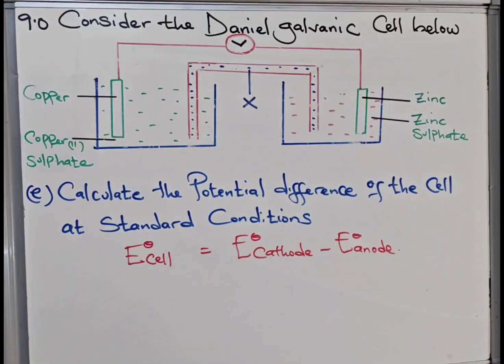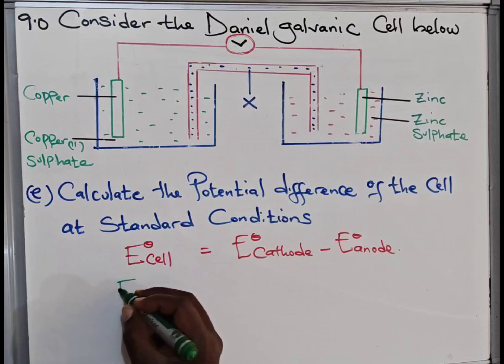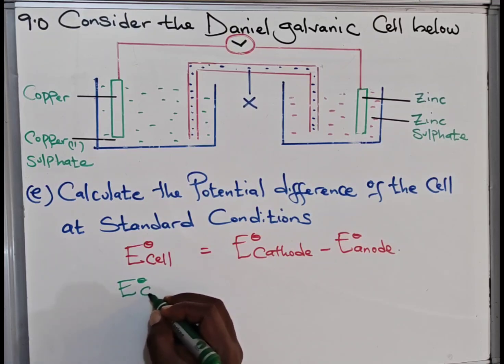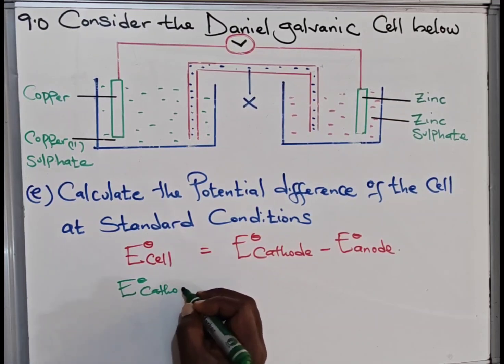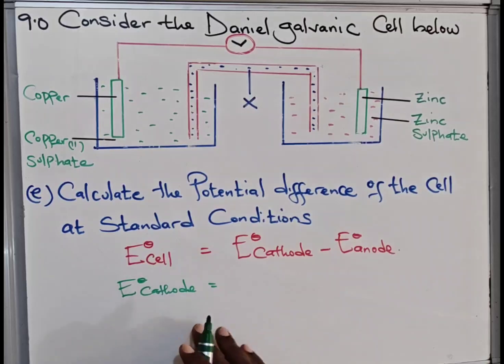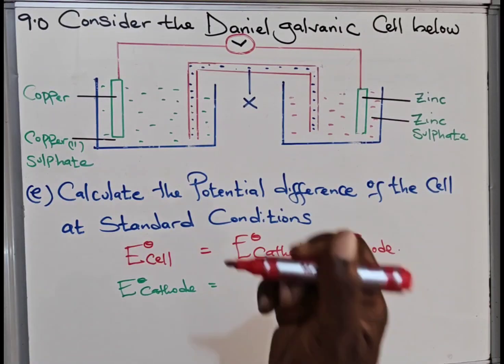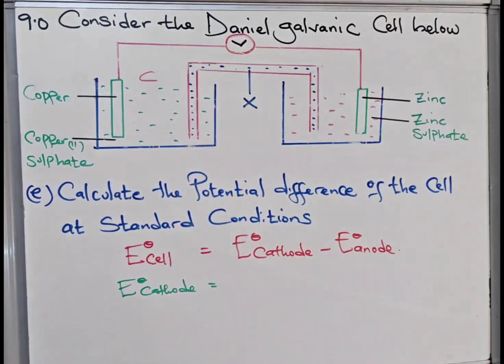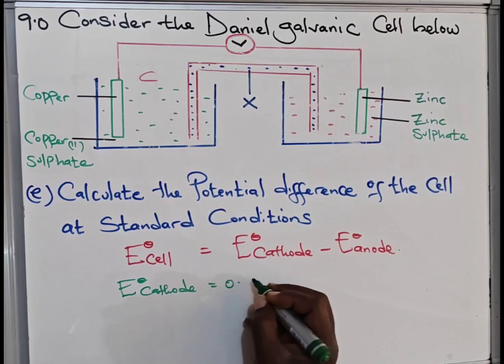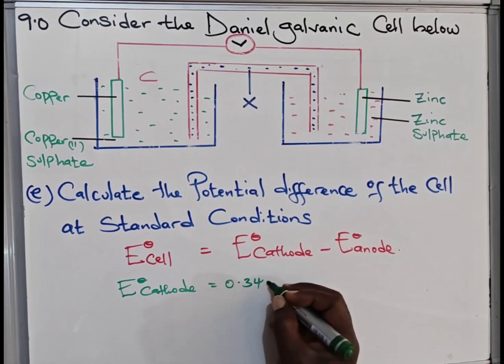Okay. So the question is, what is E naught cathode? You need to know which one is cathode. Remember, we said the cathode is copper. And when you check from the table 4b, the answer is 0.34 volts.